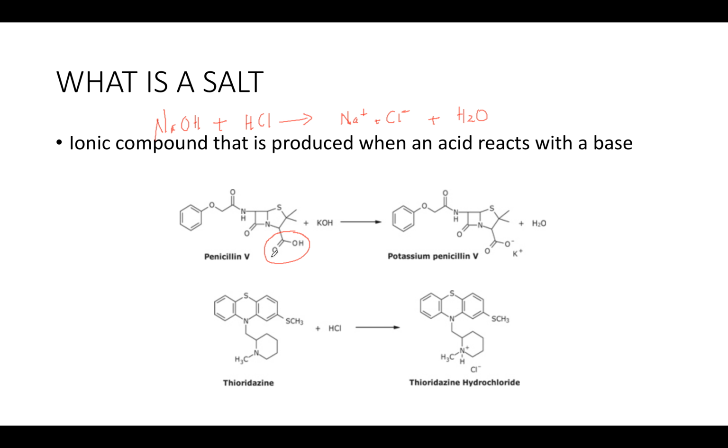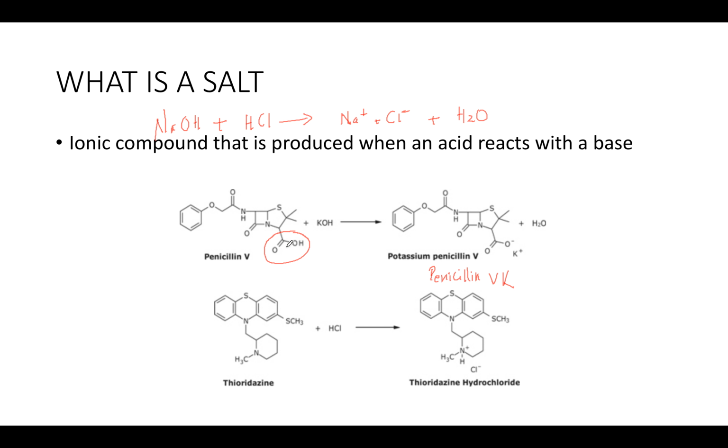So if you were to react penicillin V with potassium hydroxide, that will give rise to potassium penicillin V, usually called penicillin VK. In most institutional places, we'll call it penicillin VK. And so penicillin VK is the result of a reaction between penicillin V and potassium hydroxide.